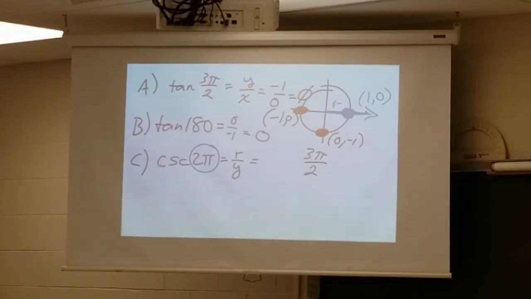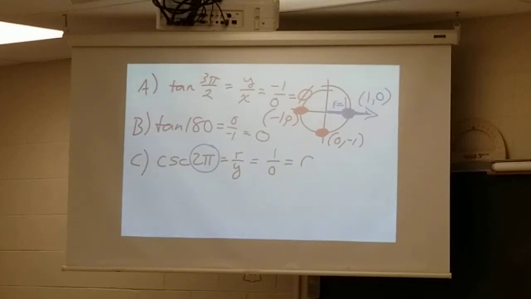You're on the unit circle. So now you can put a 1 in for r, and you can put that y value of 0 in. And once again, we have a 0 in the denominator.